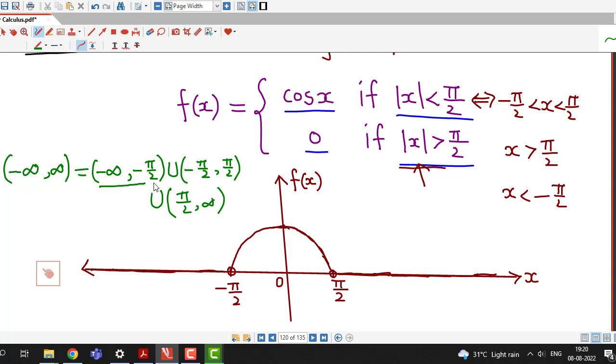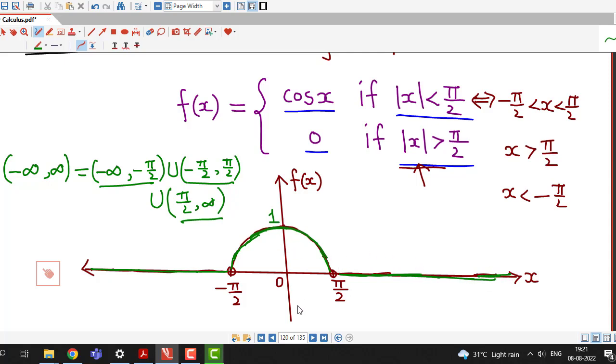And in this interval value of f(x) is 0, so graph is on x-axis. In minus pi by 2 to pi by 2 f(x) is cos x, so this is just the rough sketch of function cos x in interval minus pi by 2 to pi by 2, and outside this interval, that is in pi by 2 to infinity, graph of f(x) is 0.